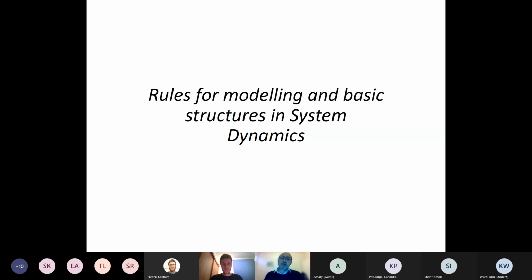However, as you become more experienced with SD, and that's somehow happened to me, I tend to go straight into stock and flow diagrams, because somehow that helps me to look directly into the accumulations that are happening in the system. Because the causal loop diagram sometimes is not quite precise in that sense.